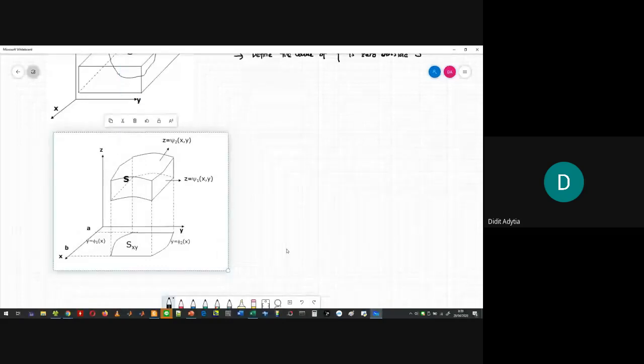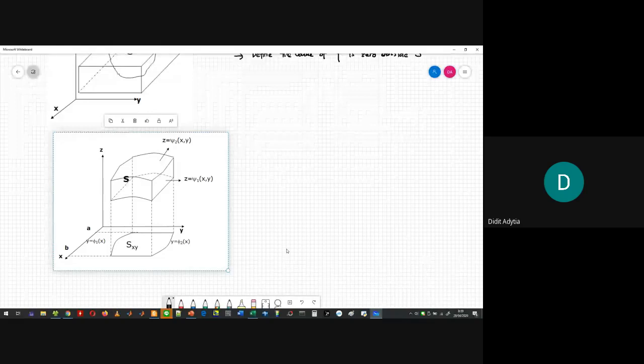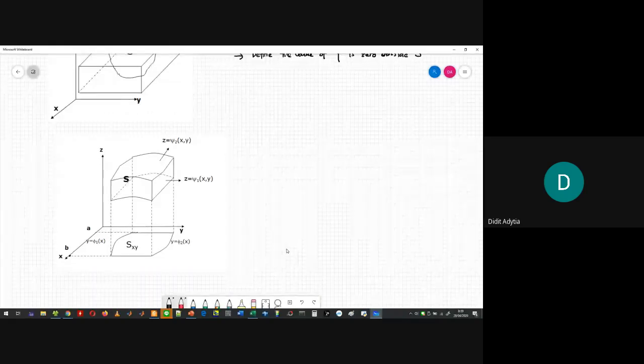Okay, and consider the domain. Okay, look at this domain. Okay, X-nya terdefinisi dari berapa? Dari A ke B. Okay, and then Y-nya dari berapa? Y-nya terdefinisi sebagai fungsi. And then this is the functions.